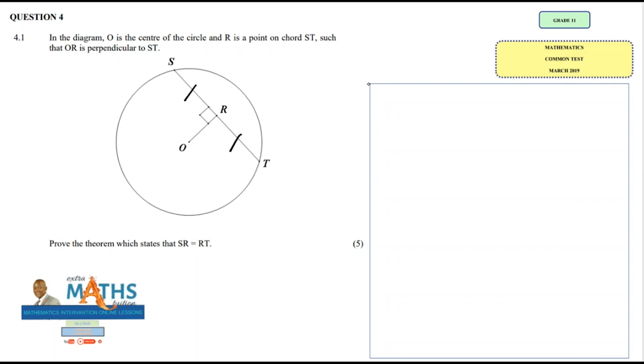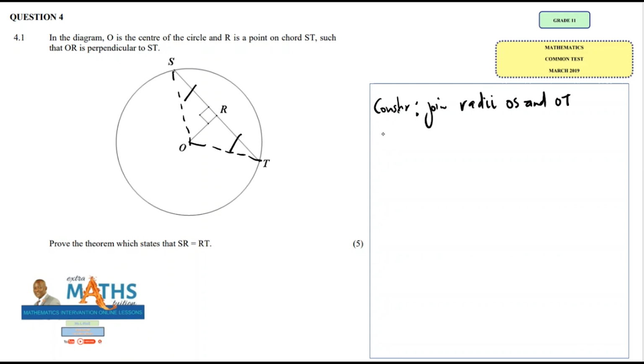Okay, the first thing that we need to do, which is the first mark, is to do a construction. You need to construct OT and OS, which is what, guys? Yes, your radii, because they are more than two. It means we say join radii OT, OS.